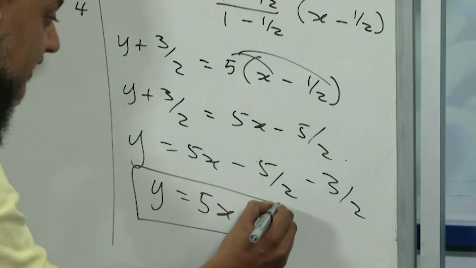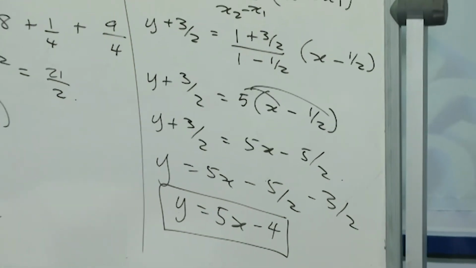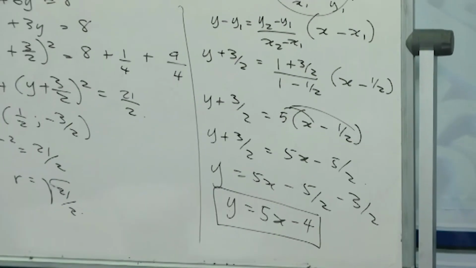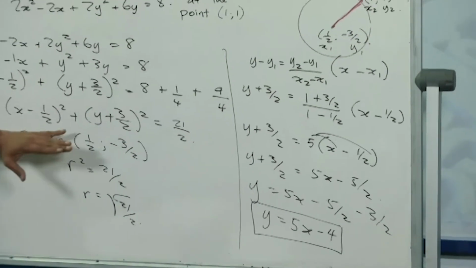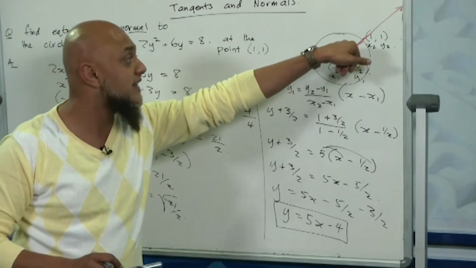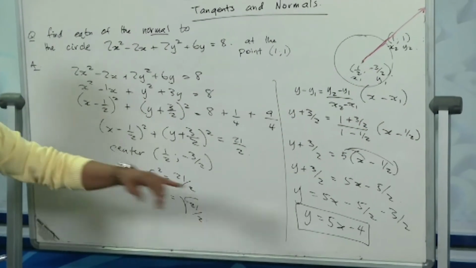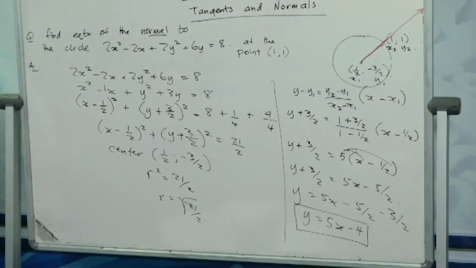And there we go, boys and girls. You could get 5 to 6 marks for that. So the first thing we had to do here, boys and girls, we needed to complete the square in order to get the center. Because once we got the center, we've got now 2 pairs of coordinates, and now we can find the equation of a straight line using y is equal to mx plus c.